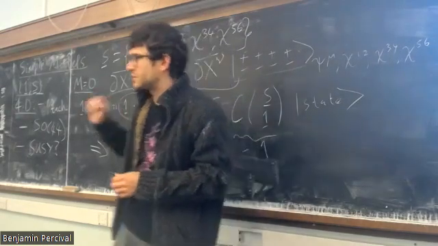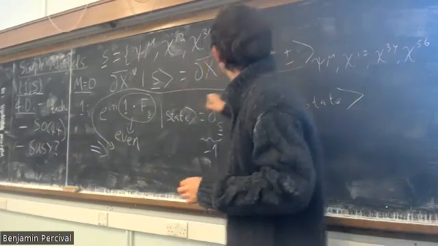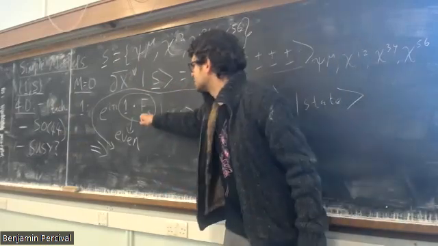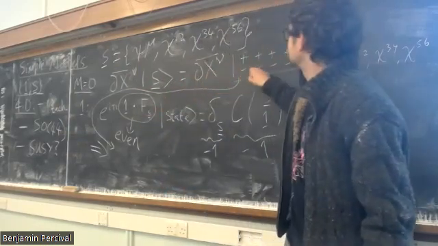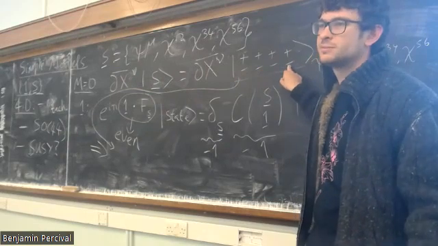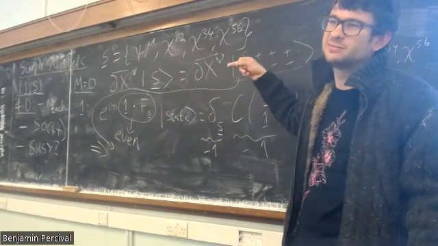Because if you remember, the fermion number F of S is the fermion number of this and this added together.